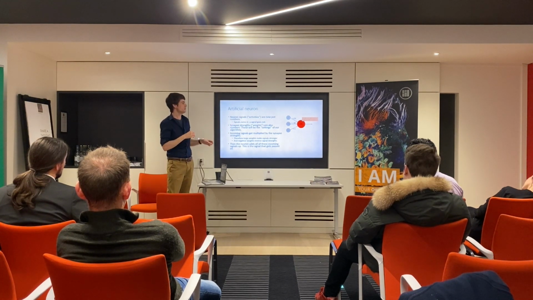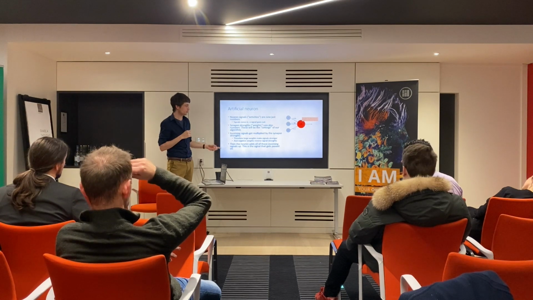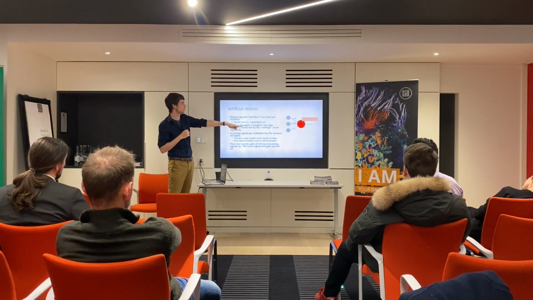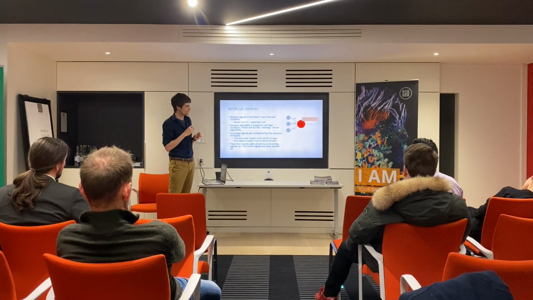All these numbers come in, and then this artificial neuron spits out another number, which in this case is minus 25. And the strength of the synapse, we call that a weight. So here, the 10, minus 10, and 3. These are the settings. These are the things that we change when we are trying to make our algorithm better.